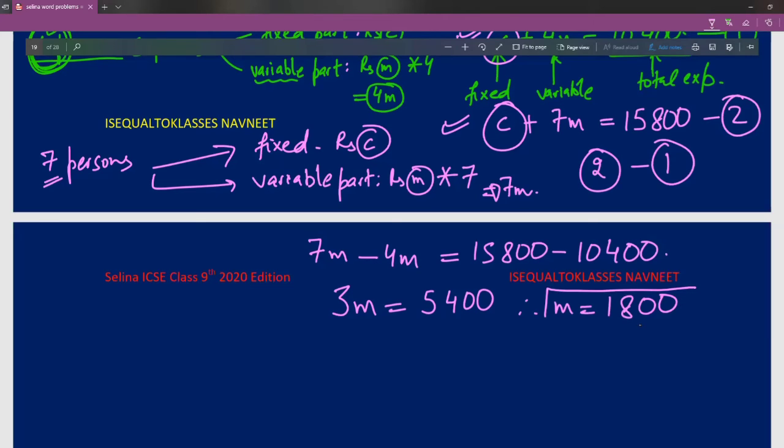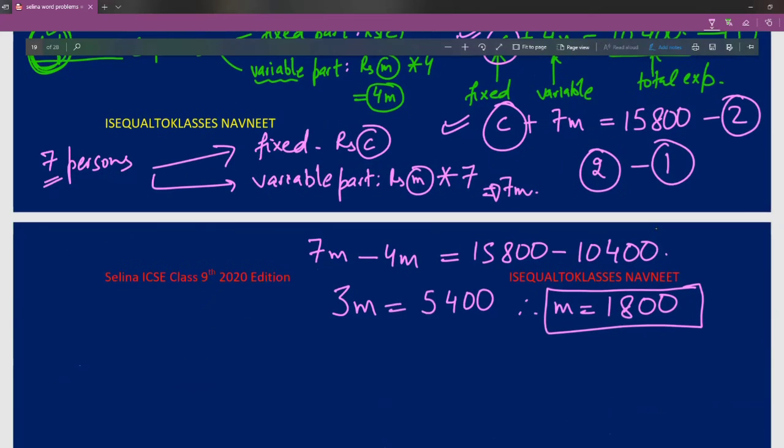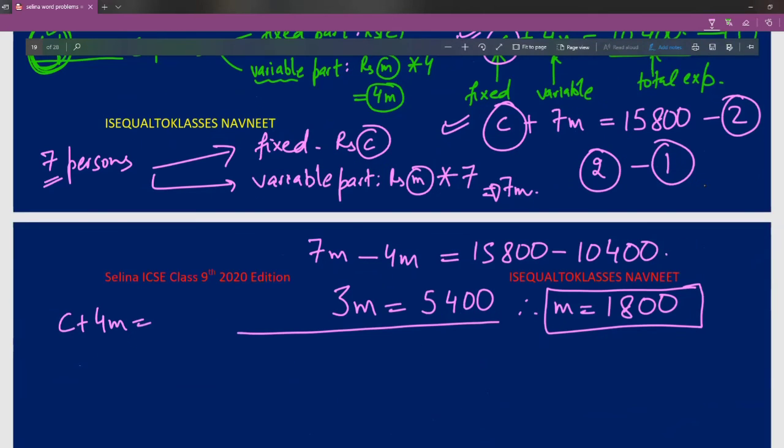Now this part is my variable part. And how do I get the fixed part? I can use this equation, C plus 4M is equal to 10,400.